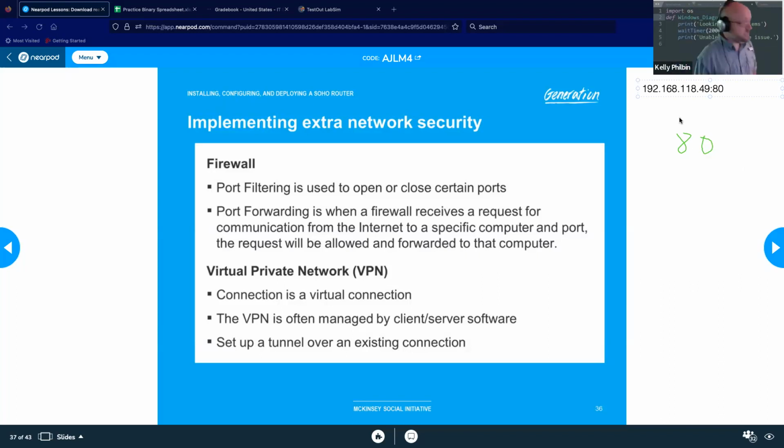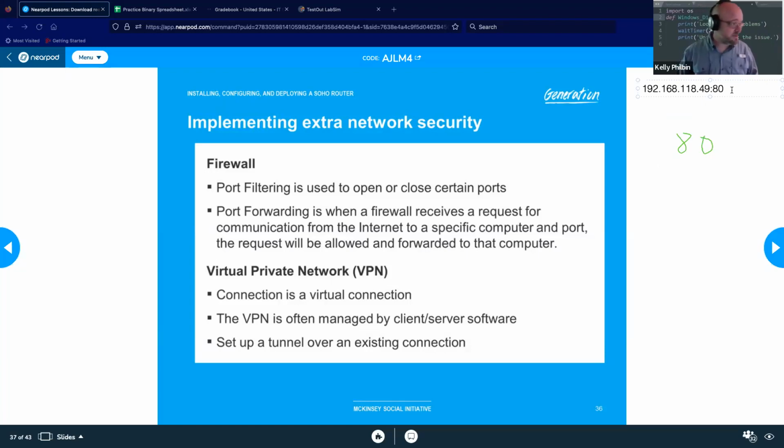Problem is that's easy, and if people know I have a camera, then this would be really easy to figure out, right? So I can do something called port forwarding, where I can set on my router a predetermined port. If I have multiple cameras, how would it know which camera I need to interact with, right? So I could set predetermined port numbers up.